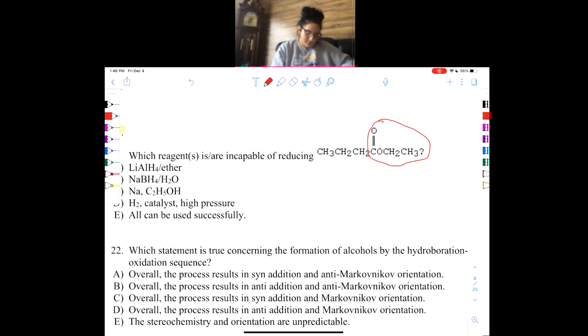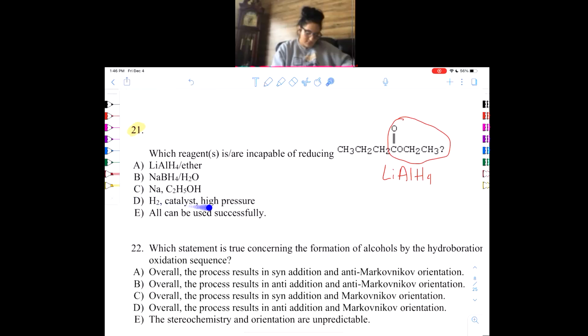Yes, we have to use the strong one, so LiAlH4, which means, what about NaBH4? Is that one capable of reducing it? No. So even though you haven't seen answers C and D in this class, you already know that NaBH4 does not work, therefore that is the correct answer.